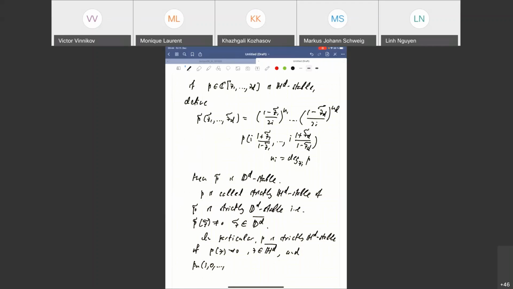It's non-zero on all the closure vectors, where P_n is the leading homogeneous component of P.